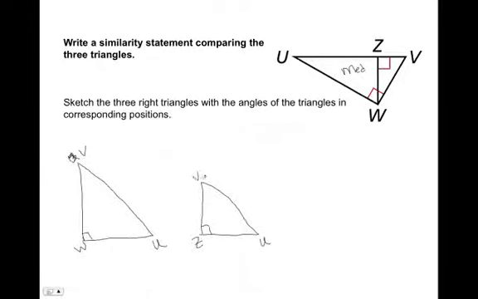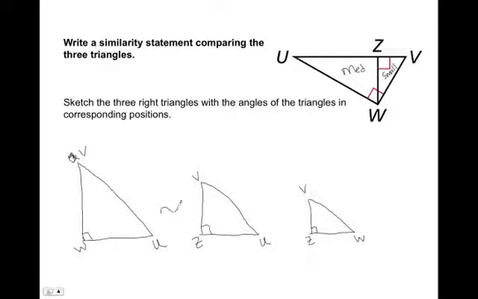And of course, V is here. Then we have our smallest triangle. The right angle is still at Z, and the corresponding part to WU, ZU, is WZ, which puts V up here.